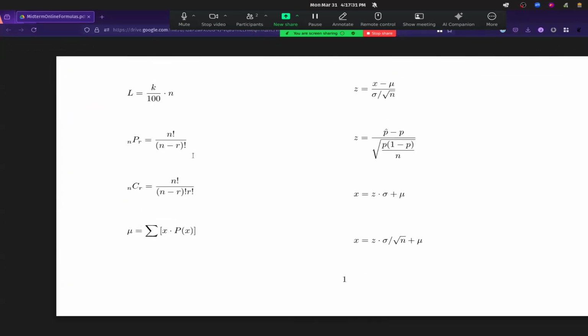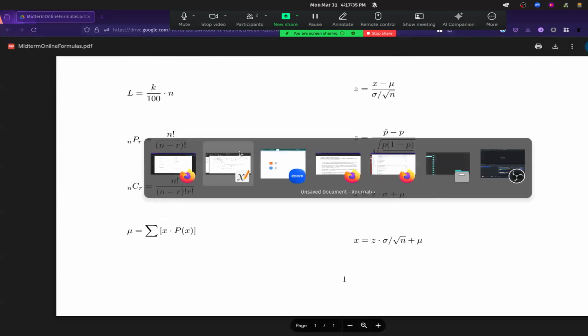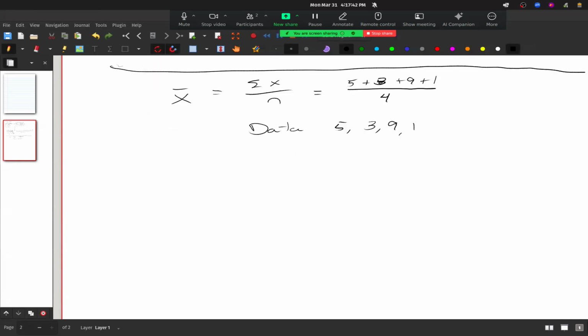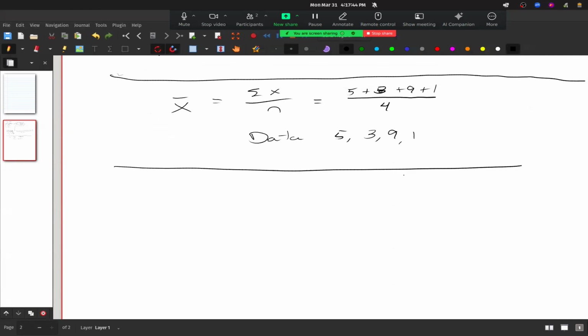We'll try to keep everything grouped like that. The means, there's just different situations. So the formula where the mean equals the sum of x times p of x, that's what I started out talking about.